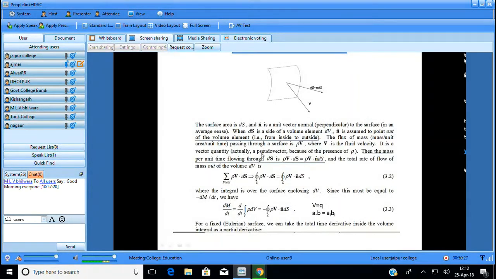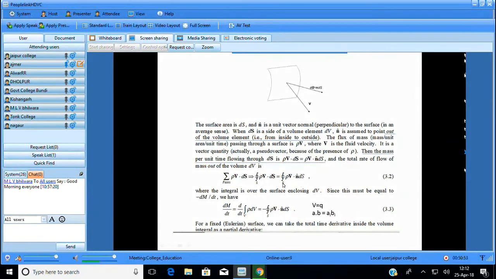The flux of mass passing through the surface outside is rho v, where v is the flux velocity. It is a velocity quantity, denoted by rho v dS, where dS is nothing but n cap dS. So what we have here is rho v dot n dS, both being vector quantities, a dot b.